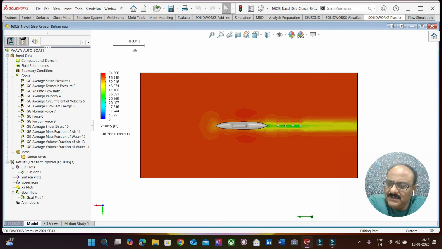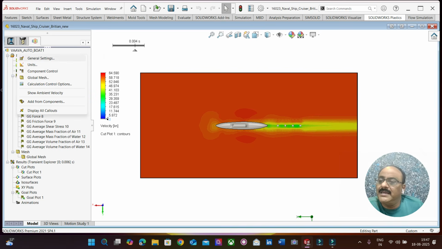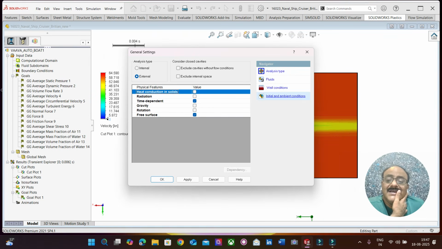The simulation I have worked out earlier, and once I have defined the simulation parameters, I have the general settings here. I define that it's a time-dependent system, then there is a free surface. This red color surface I showed you is a free surface, and this is an external aerodynamics problem.